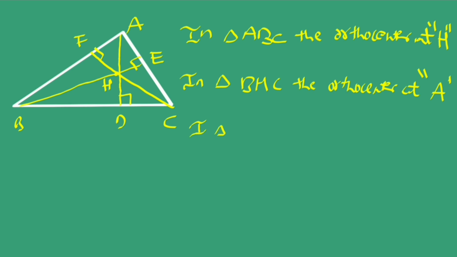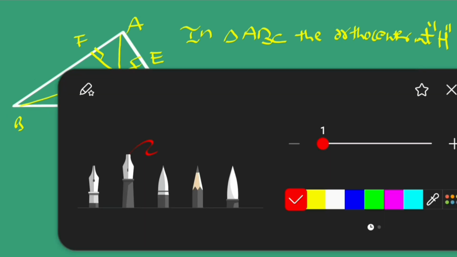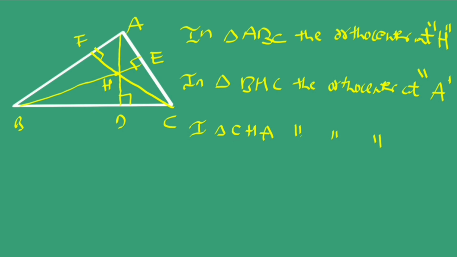Now next, in triangle CHA, I am talking about this triangle CHA. This is also an obtuse angle triangle, so its orthocenter also lies on the back side of the triangle. On the back side, vertex B is there, so its orthocenter is at B. Okay.